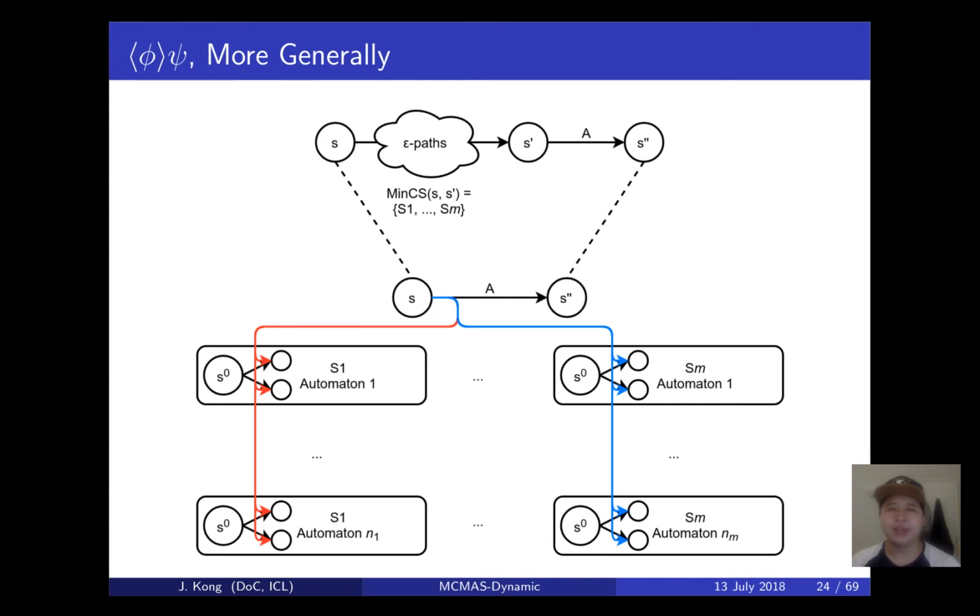So let's suppose also that the epsilon paths from S to S prime have some set of minimum critical sets, S1, S2, so on to Sm. So what we want to do is we want to pick some minimum critical set in which we are able to pass all of the tests that we need.